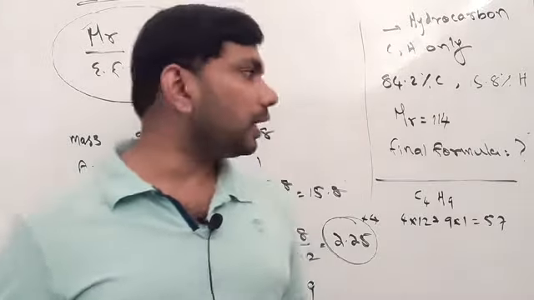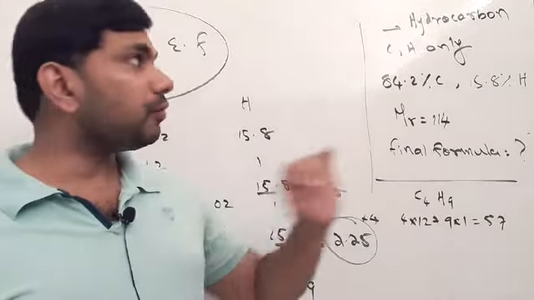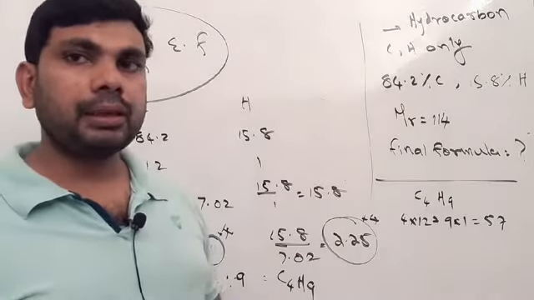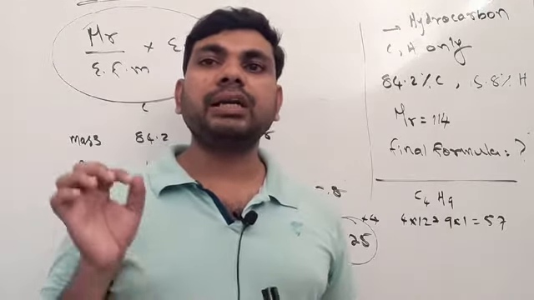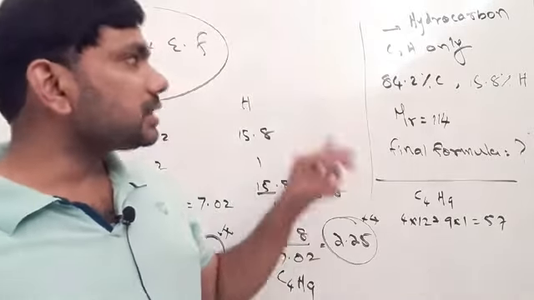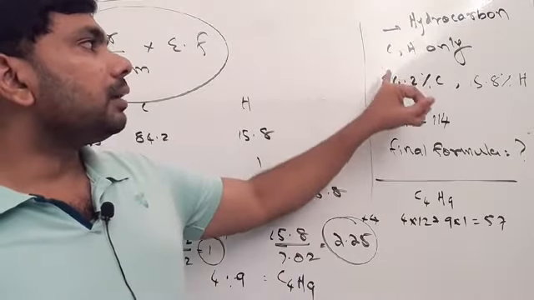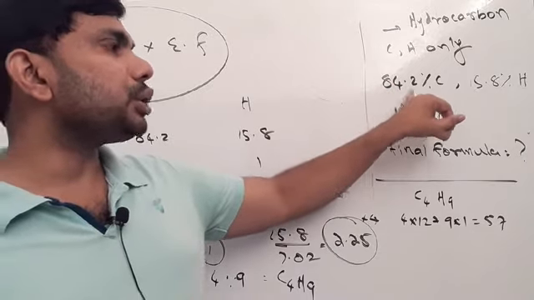Okay, based on this we have one question here. We have to find the final formula of a hydrocarbon. A hydrocarbon means a compound which contains hydrogen and carbon only. Here in this compound, the mass percentage of carbon is 84.2.